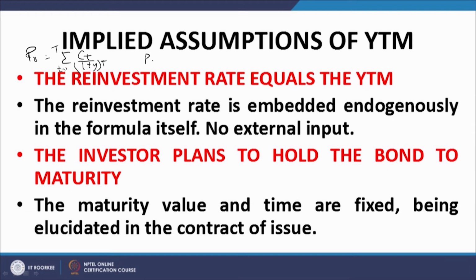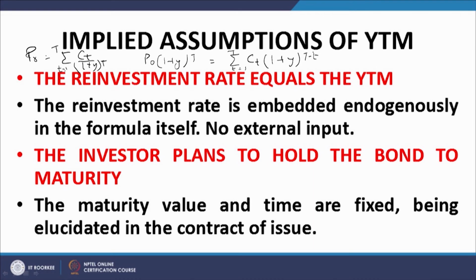I get P0 into (1 plus y) to the power capital T is equal to summation from t equal to 1 to capital T of Ct into (1 plus y) to the power capital T minus small t.